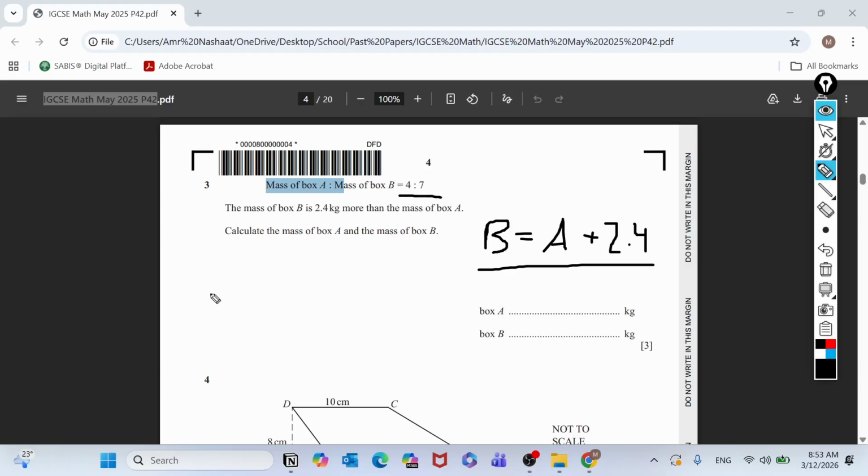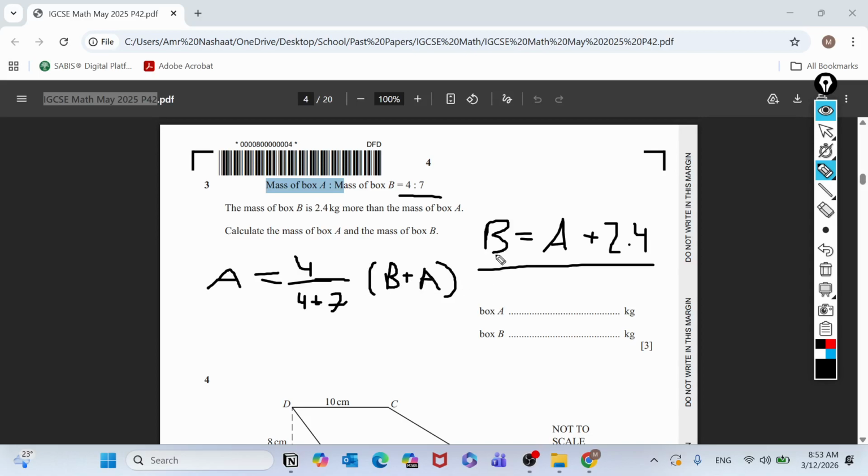So what's the mass of A? It's going to be 4 over the total mass. 4 over what? 4 plus 7 of the total mass. And what's the total mass? It's B plus A, right?